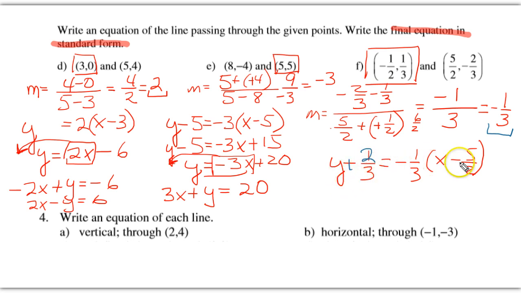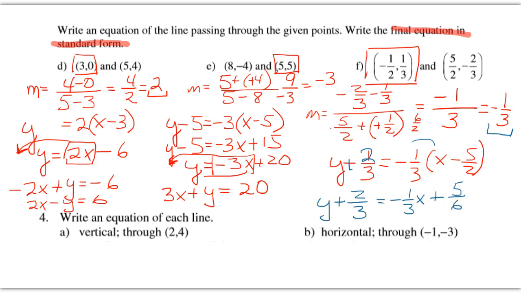So now what do we do? Well, I would suggest we get rid of the parentheses here. So we're going to have y. Now there's probably a couple of ways to do this. Negative 1/3 x, just multiplying this. Now a negative times a negative makes this a positive, and this is going to be 5/6. There we go. Now that we have gotten rid of the parentheses, we still have fractions.